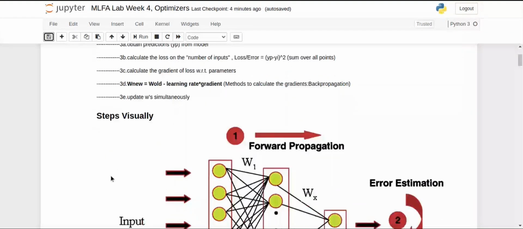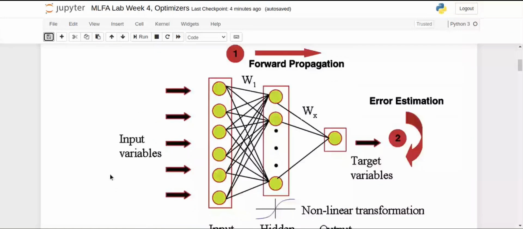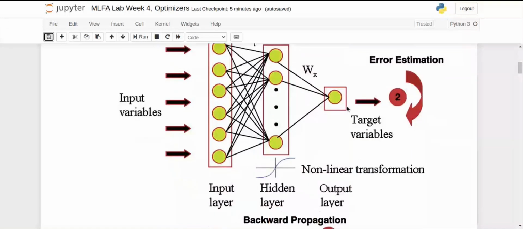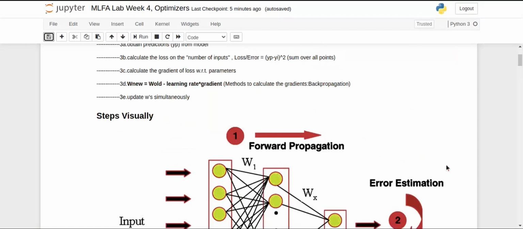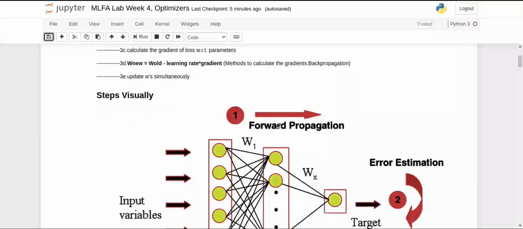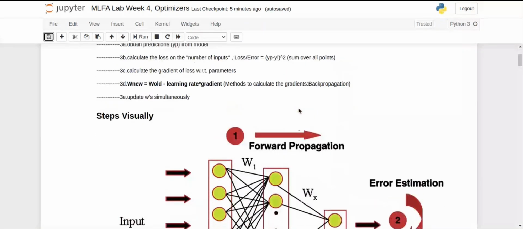So let's start with this example. Let's say there are an input layer, an output layer, and one hidden layer. First the input will be fed, and then in the first step it will calculate the prediction. Let's suppose I want to calculate the height of patients. It will calculate the prediction, denoted by yp here, and the actual heights are yi.